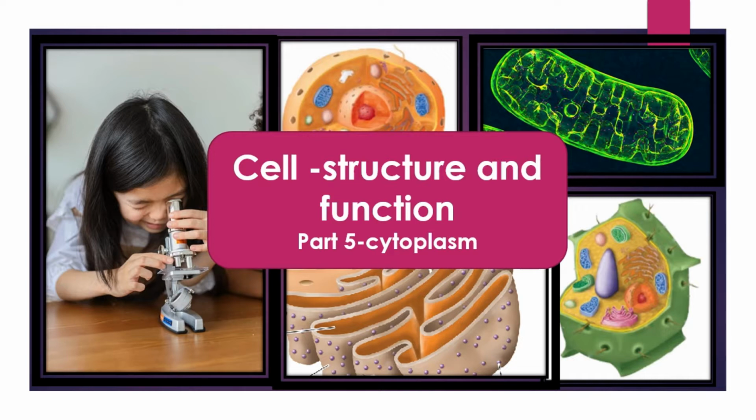You also know that in plant cells, outer to the cell membrane there is an additional protective covering, and that is the cell wall. In this session, we will study about the second part of a cell, that is the cytoplasm. So, let us study about cytoplasm in detail.